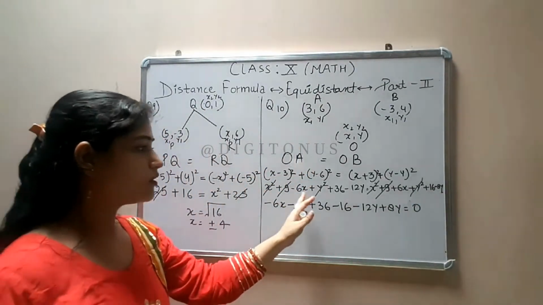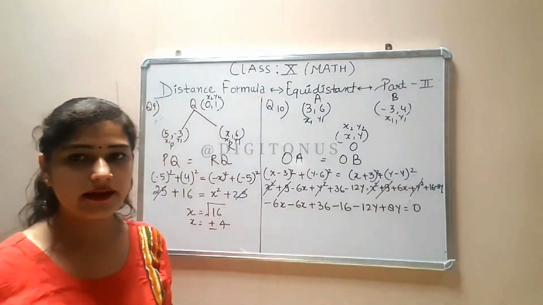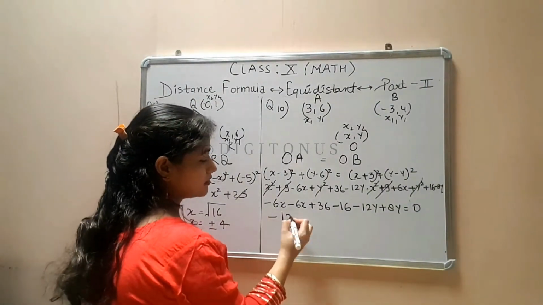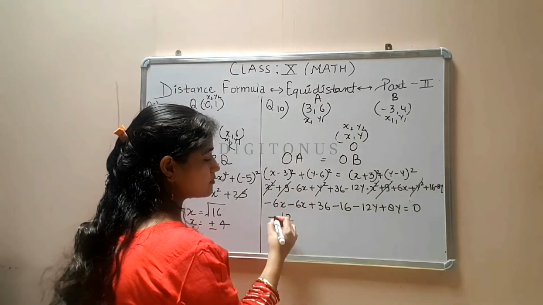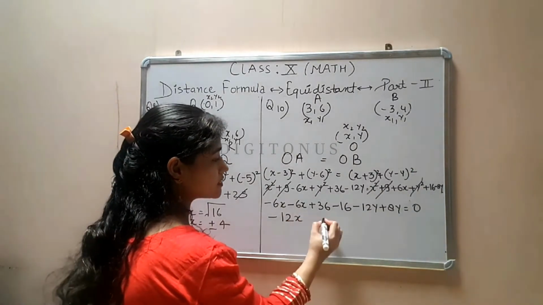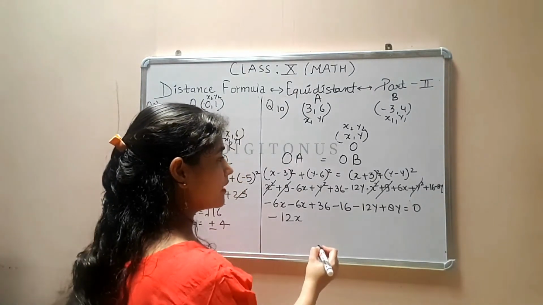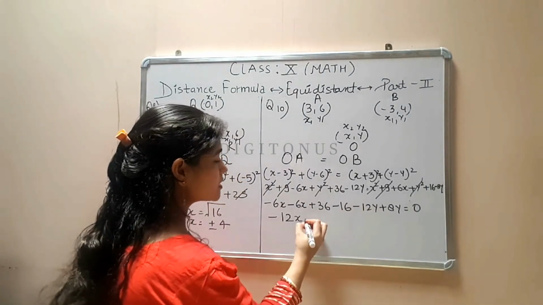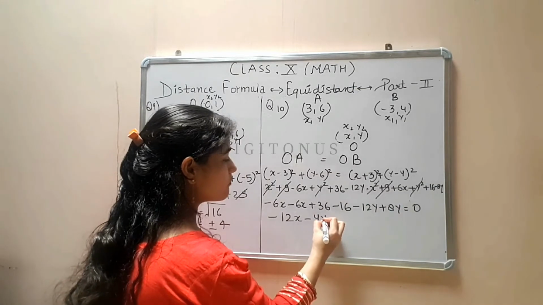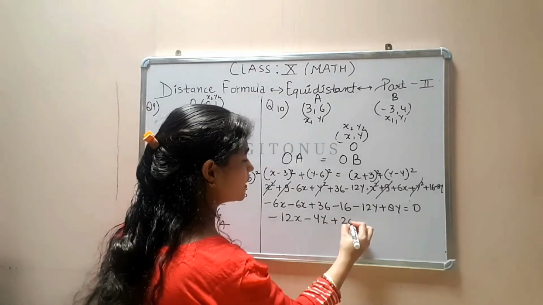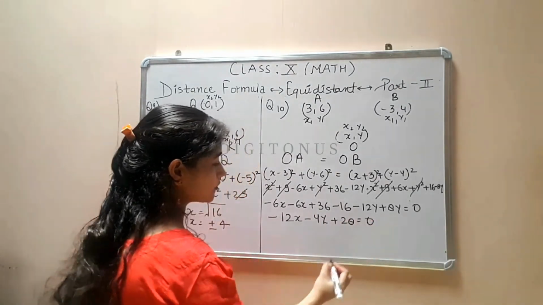I have shifted all the remaining terms to the left-hand side. Okay, so now start the calculation. Minus 6 minus 6 is minus 12x, then minus 12 plus 8 is minus 4y, and this will be plus 20 equal to 0.